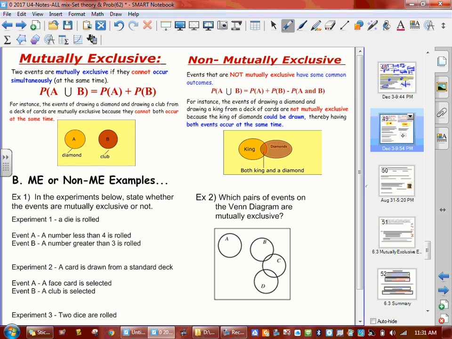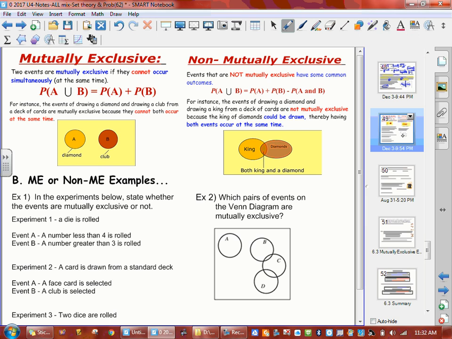For mutually exclusive events, they cannot occur at the same time. And what we're doing is we're comparing two events. We're not saying that they're happening right at the same time, okay? They can't. So we're only comparing and talking about one thing happening. In the next lesson, we're going to be talking about multiple things happening, but this is just one thing happening.